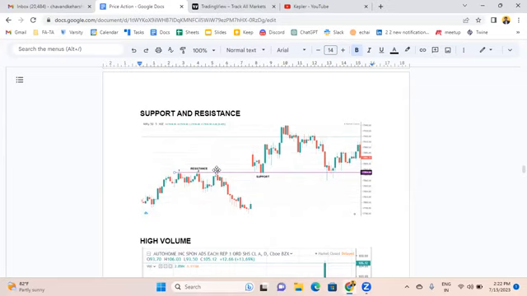As you know, once the price respects a certain support or resistance, it converts. If the price respects support multiple times, like 1, 2, 3 times in a row, then that support will become a resistance. On the other hand, where the price respects the resistance multiple times, one, two, three in a row, then the resistance will become support.